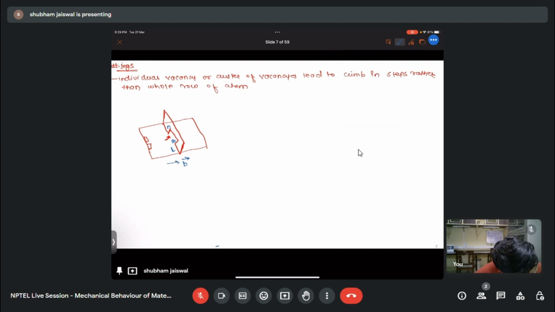In this case, at section L, the line vector is perpendicular to the Burgers vector. At M also, the Burgers vector is perpendicular to the line vector, and at section N the similar case is there. That is, the Burgers vector is perpendicular to the line vector.